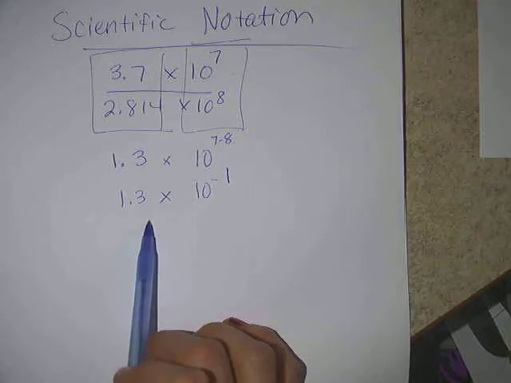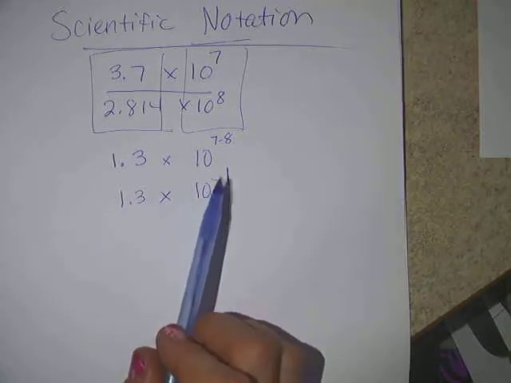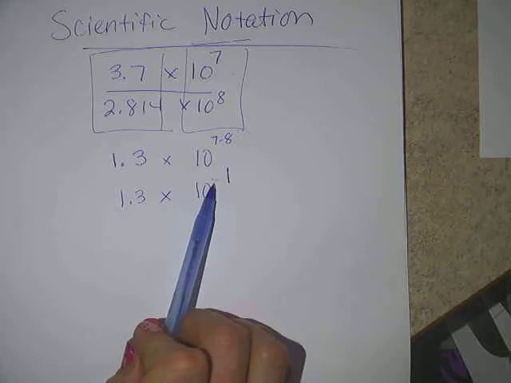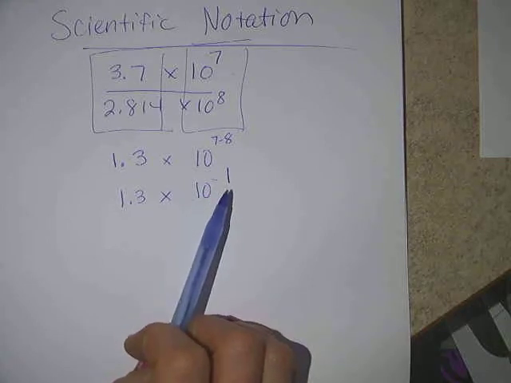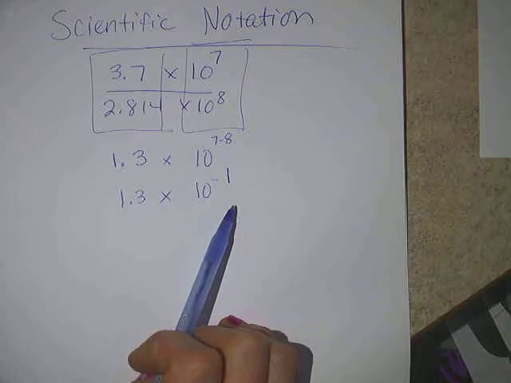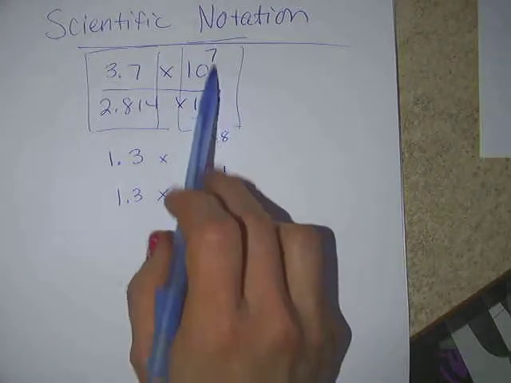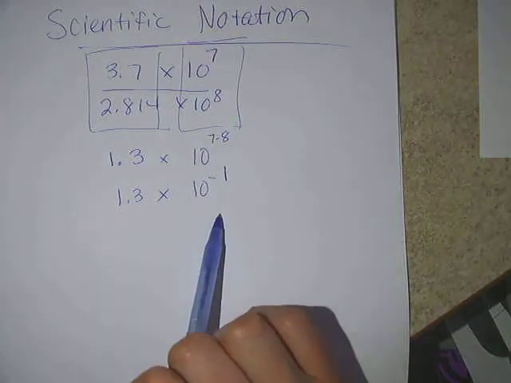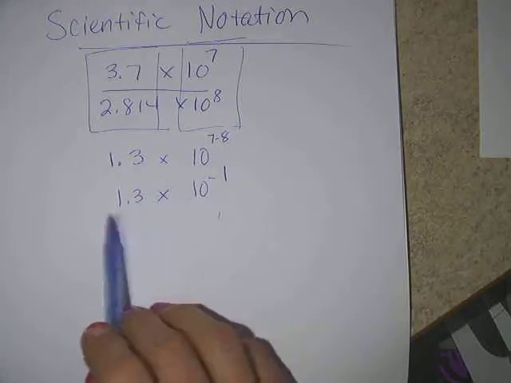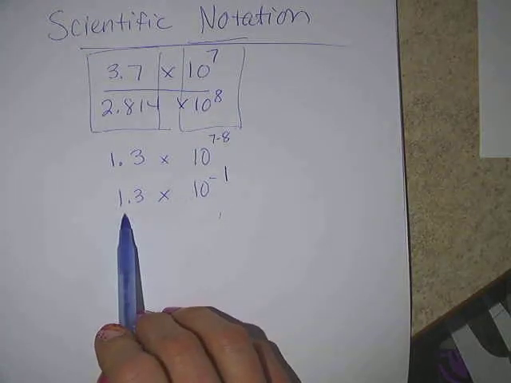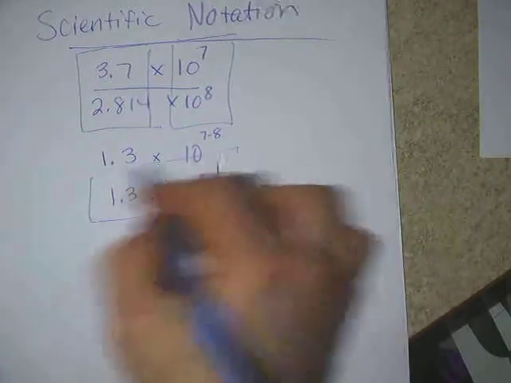But that has something to do with that, right? If that changes, then we have to change. This is between 1 and 10. If this weren't between 1 and 10, say this was 13 and not 1.3, then I would have to adjust it. And if I adjust this, then I change that, not the other way around.